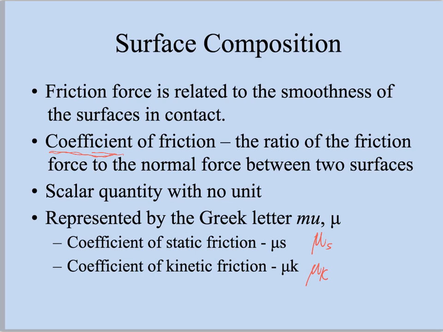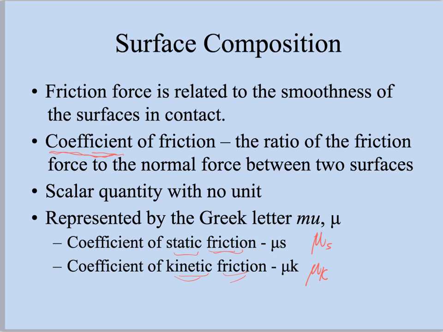It's a scalar quantity, it doesn't have a unit, it's just a ratio. It's the ratio of the friction force to the normal force between two surfaces. So whatever the friction force is and whatever the normal force is, it's just that ratio between them. The coefficient of static friction would obviously be for an object that's not moving, and the coefficient of kinetic friction would be for an object that is moving.